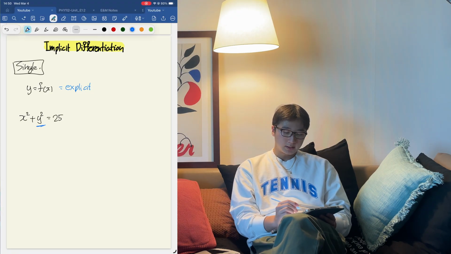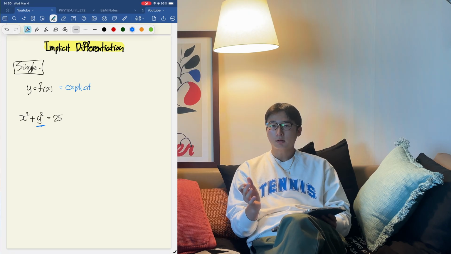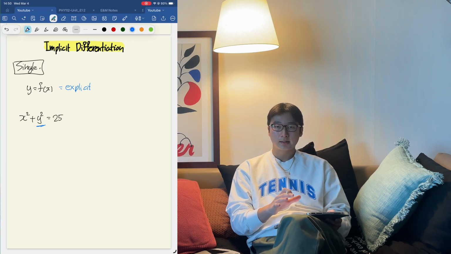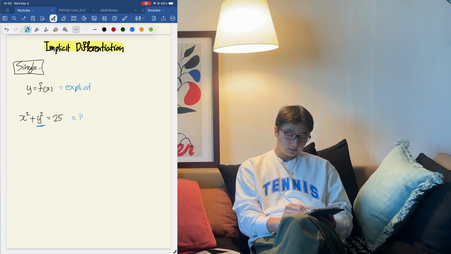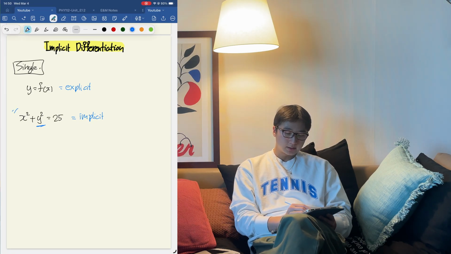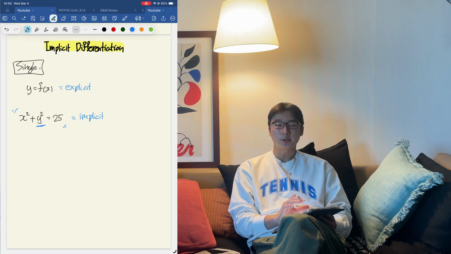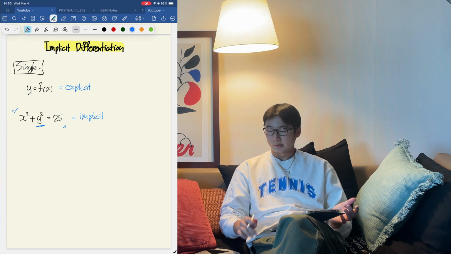So it's not of the form y equals something. They get mixed, right? So it's called an implicit function. And in this case, we cannot differentiate it normally, like applying the rules that we have learned.